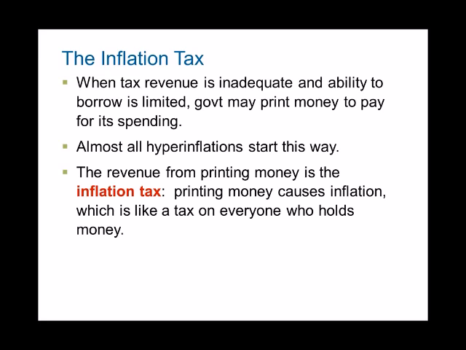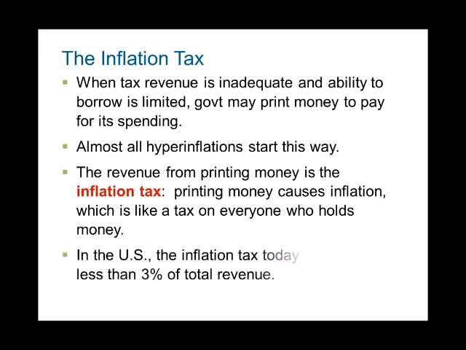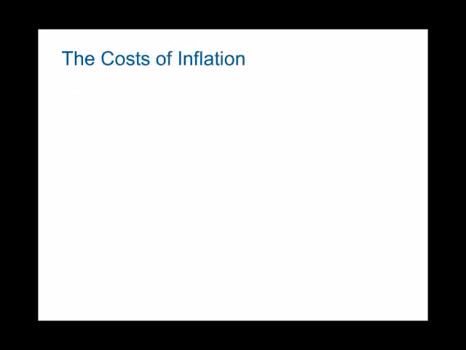Next year, it's probably going to purchase just 490 loaves of bread. That is like a tax to me, since I am not able to purchase the same amount of goods. It's like the government is taking away the value of money from me without literally taking away physical units of money. In the US, the average inflation is around 2 to 3% a year, so the inflation tax in the US is about 3% of total revenue.